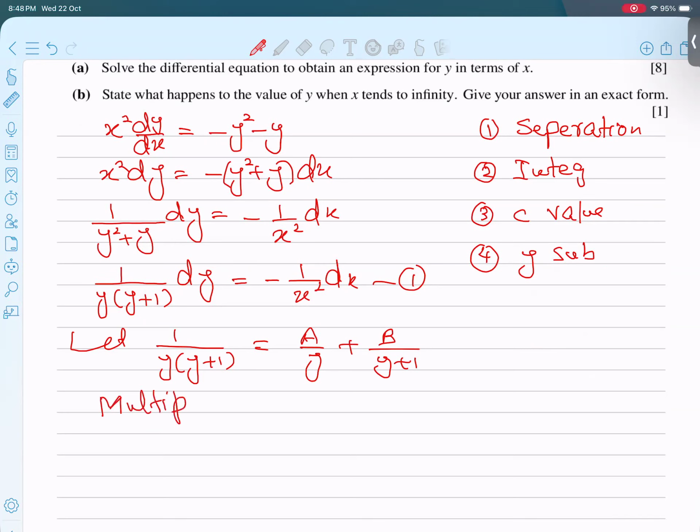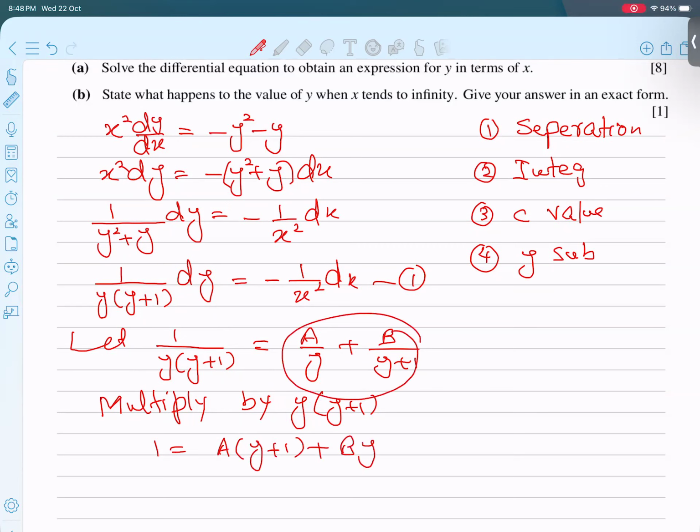You have two choices here: multiply the whole equation with the left hand side denominator, y times 2y plus 1. When I multiply, the left side cancels out completely and I get only 1. Multiplying this one, the y cancels and I get A times 2y plus 1. Same story for B. Or you can take the LCM and cross multiply, same story.